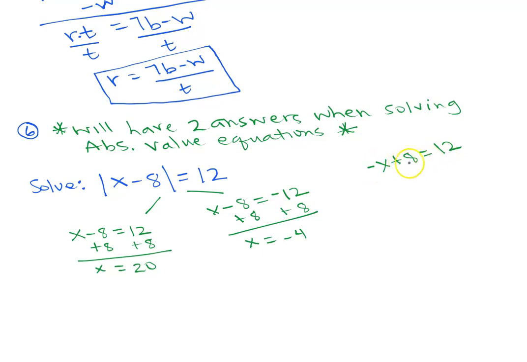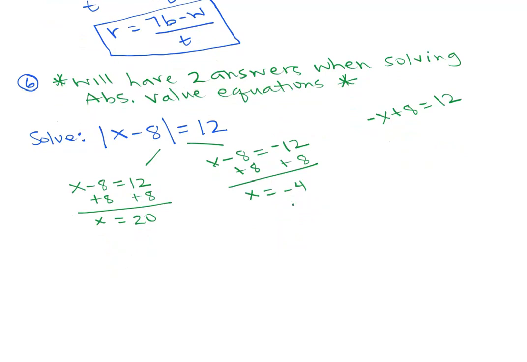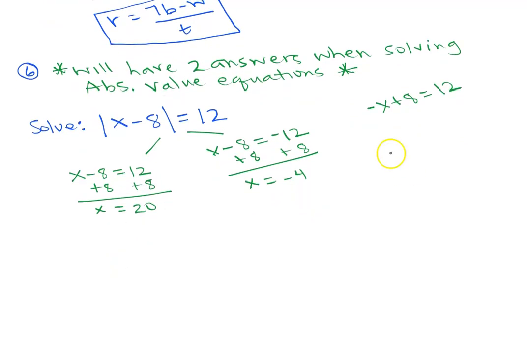But it's totally a good way to do it if you like that way better. But if you can just remember to keep the right side the same on the first one, change the right side to its opposite on the second one, then you'll be all set. Not doing anything with the stuff that's inside the absolute value bars. Okay, so there are our two answers for that, which is what we were expecting to get.